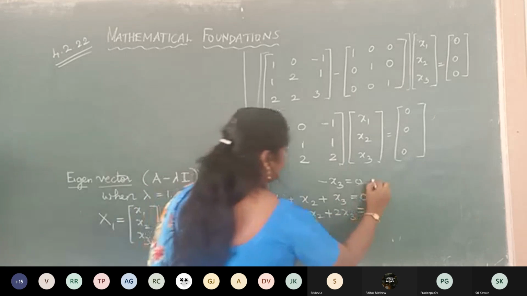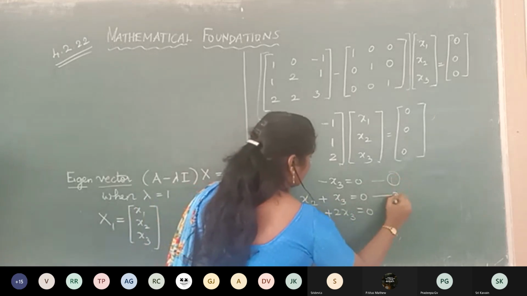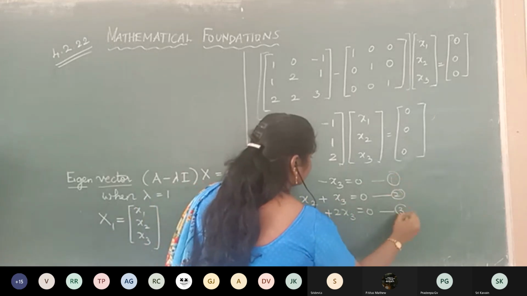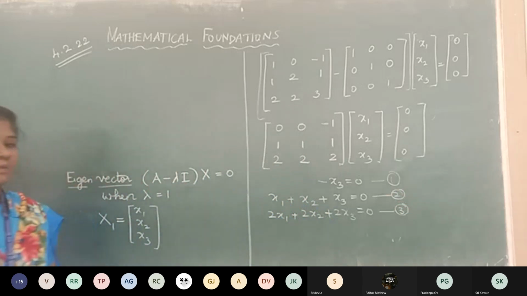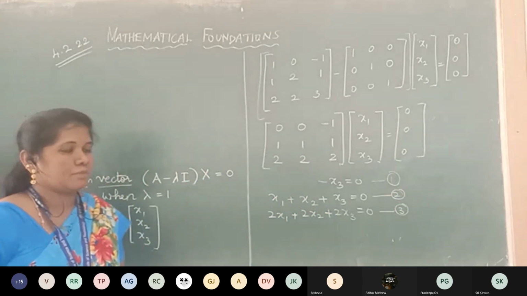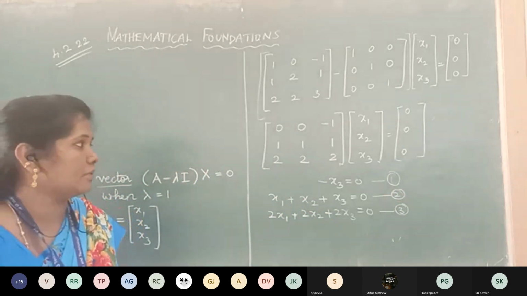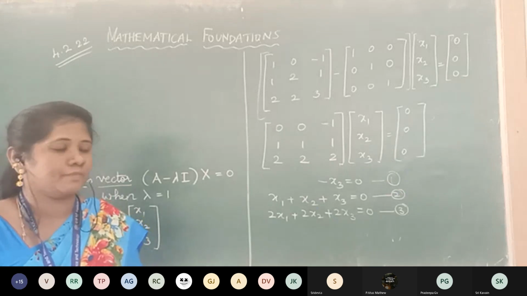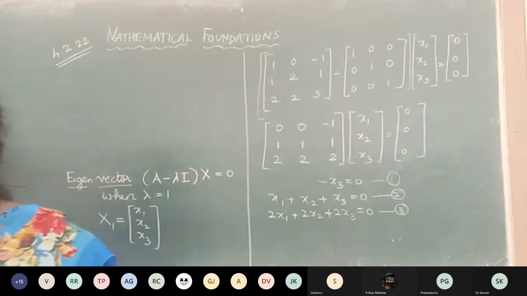So here we will take this as first equation, second equation and third equation. If you've got any doubts, please ask me, because this will be the same for all the problems. Do the same thing in all.